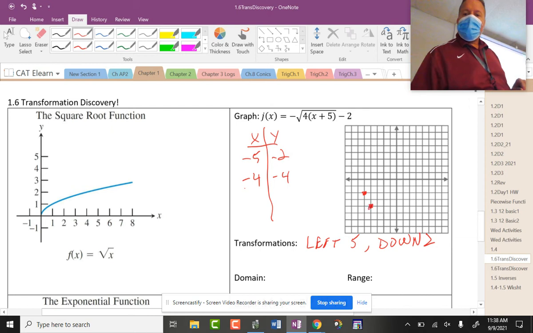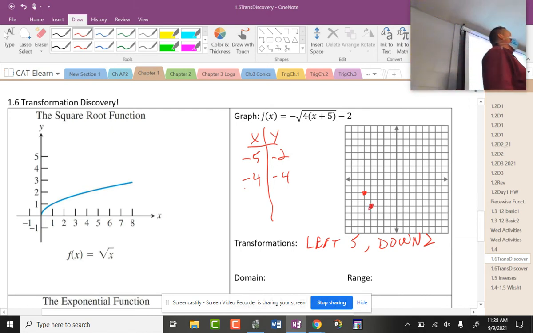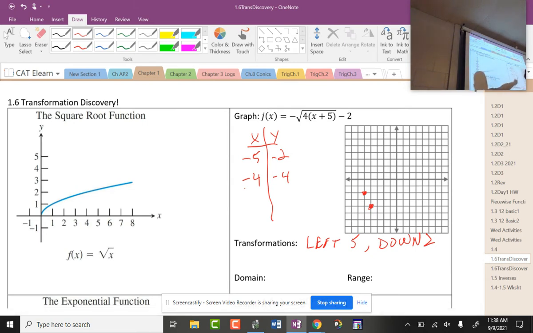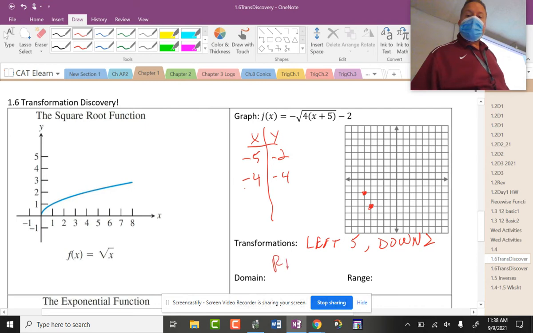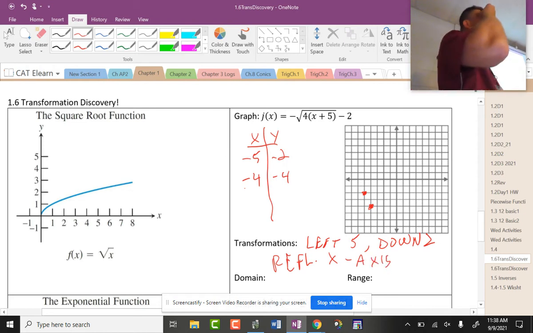Oh, no. That's weird. Oh, that's because what does this negative on the outside do to the function? Reflects over the x-axis. And that's what I see. I see my starting point, and then I see my next points going down.